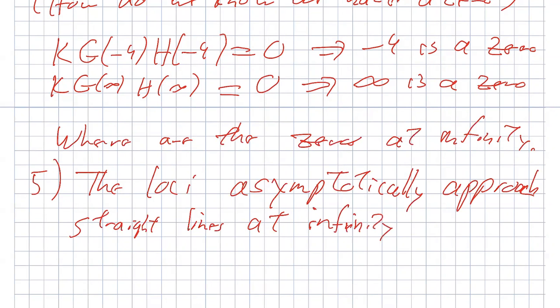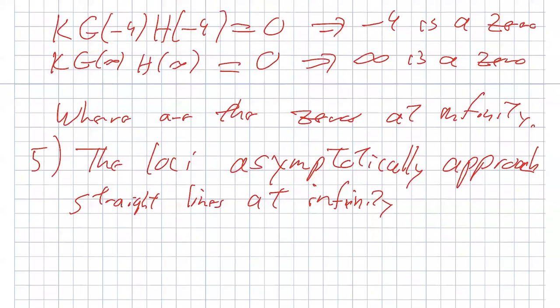If we can find out where these straight lines, or asymptotes, are, we're in good business. It's like an arrow pointing where we need to go.